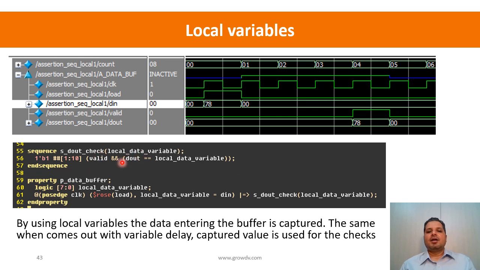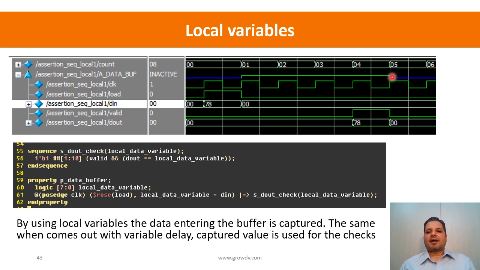This is the valid. We are reaching the end point, and at this point, on this clock edge where the value of count is 4, we will perform the check on whether this sequence holds by checking that valid is asserted, and the D out, which is this particular signal, this is also 78, and the value we had captured is also 78. As both of them match, the property passes.